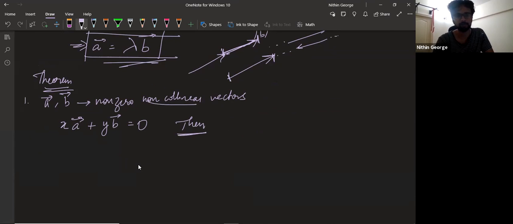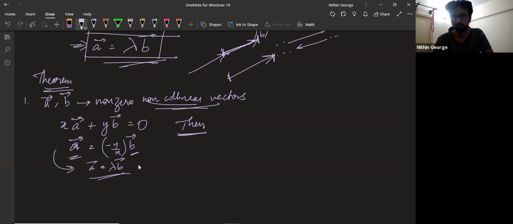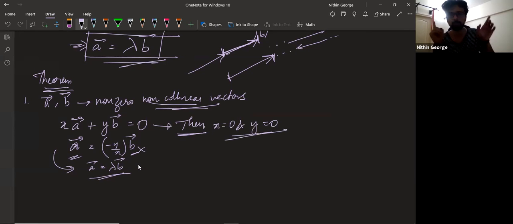If they're non-collinear vectors, no way you can write A in terms of B. A equal to minus y by x into B means A and B are parallel, as if I write A equal to lambda B. It means they're parallel, but it's given that they're non-collinear vectors. So this is not possible. The only conclusion possible is x equal to 0 and y equal to 0. Got this?